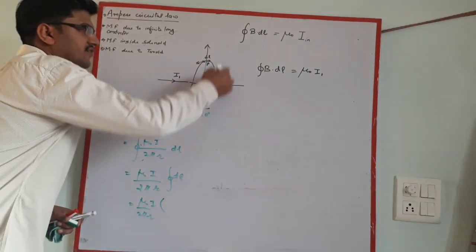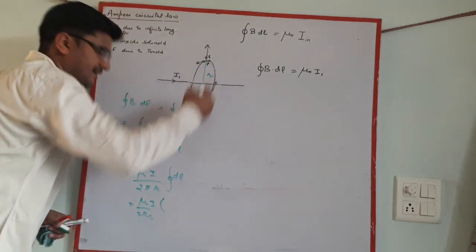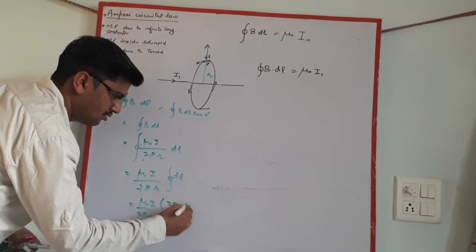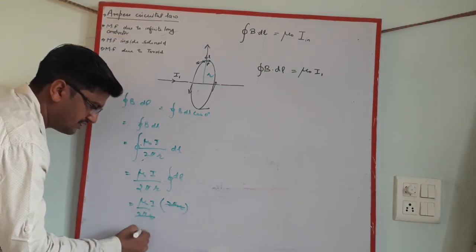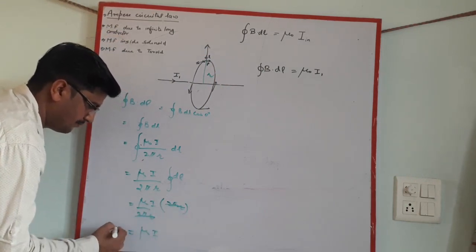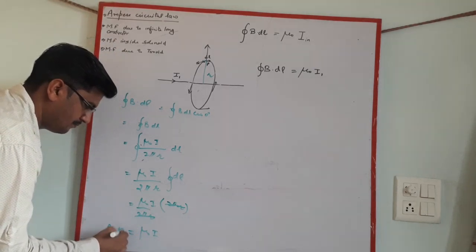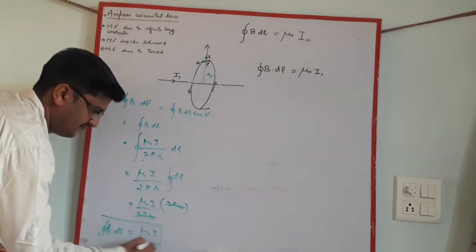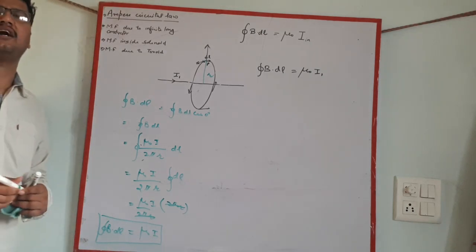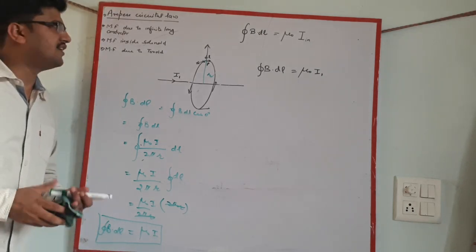The total integration of dl is the total path, that is 2 pi r. Here 2 pi r and 2 pi r cancel out, and it's mu naught I. Like this we can prove it also. So what is Ampere's circuital law?